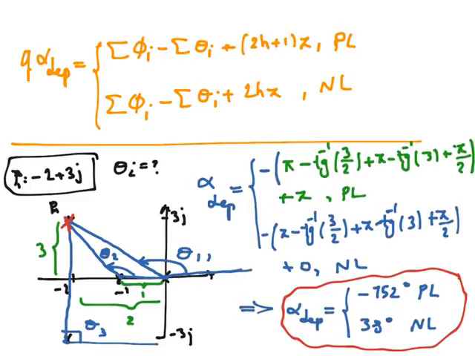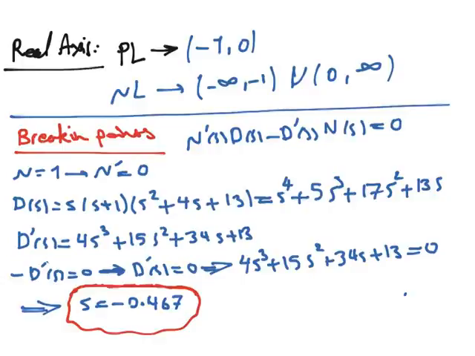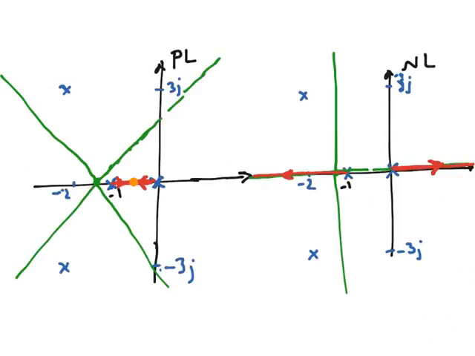Okay, so we start by considering P1 here. The departure angle for positive locus is -152. We have it here. So the departure angle for this pole at -2 plus 3j is equal to -152. So it will be somewhere around here, and then this branch will go towards this asymptote.